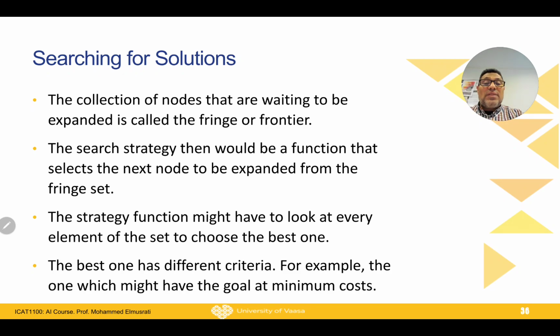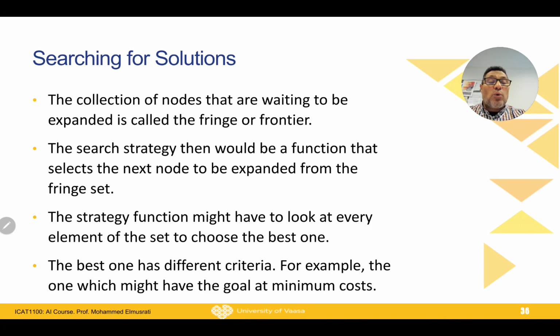So remember that for any expanding process that we are doing in the searching, the node or the state that is waiting to be expanded, we can call it a waiting node or waiting state to be expanded.